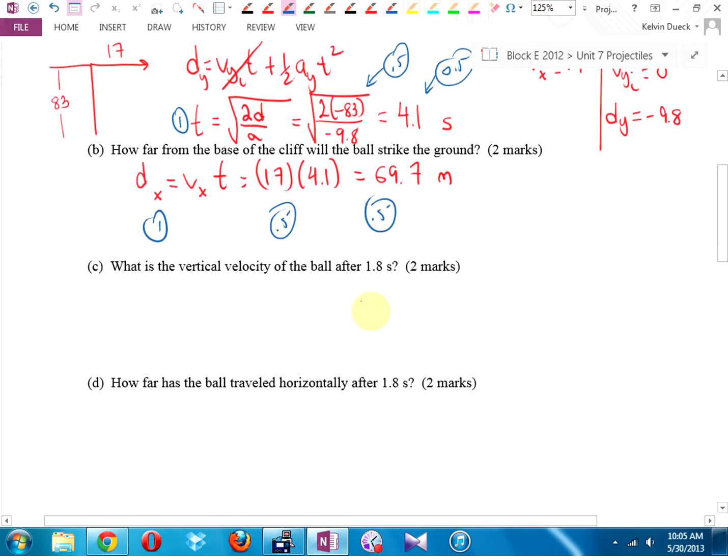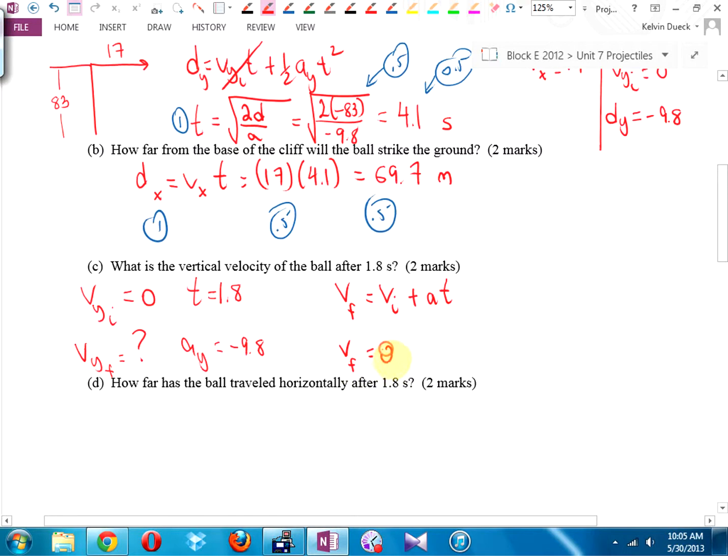Part C, what's the vertical velocity? Now we're not talking about at the bottom. Vertical, I know v_y initial was 0. They want me to find v_y final, not when it hits the ground, but after 1.8 seconds. They told me t equals 1.8 seconds, and I know a_y is negative 9.8. Do you see why when I said if they give you time, the question falls apart? This is fairly plug and chug. I'm going to use v final equals v initial plus a t.